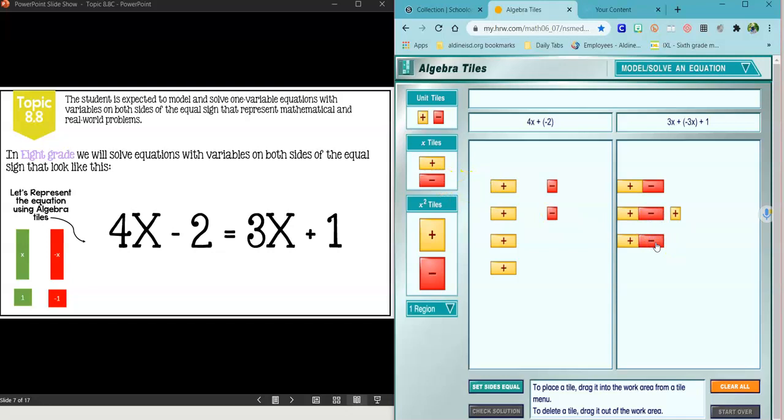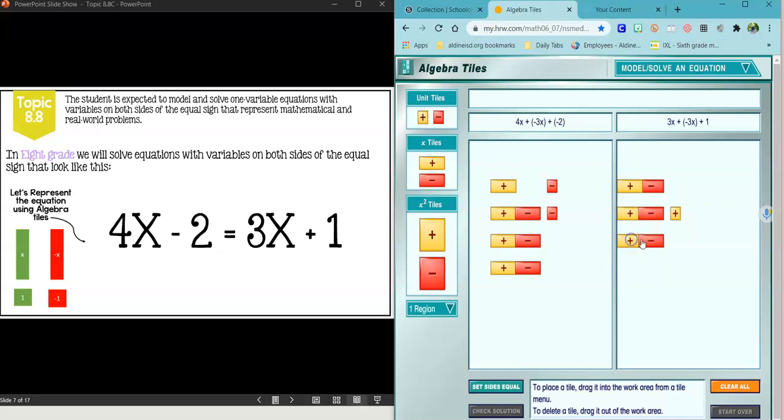Same thing as subtracting 3x. Okay, and if I add the negative 3's to the right, I need to also add them to the left. And again, before I create the 0 pairs, I want to make sure I'm doing it to both sides first, because it is an equation and it needs to remain balanced at all times.